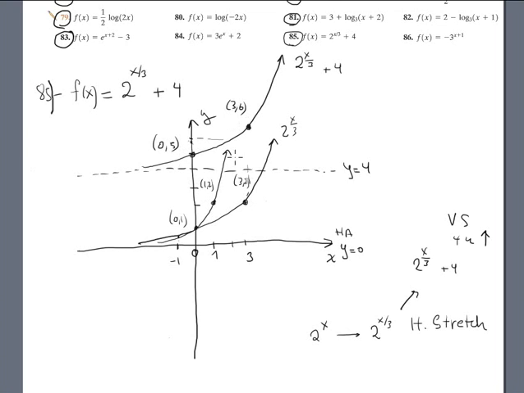And this is approximately that. Okay, let me use the magenta color.